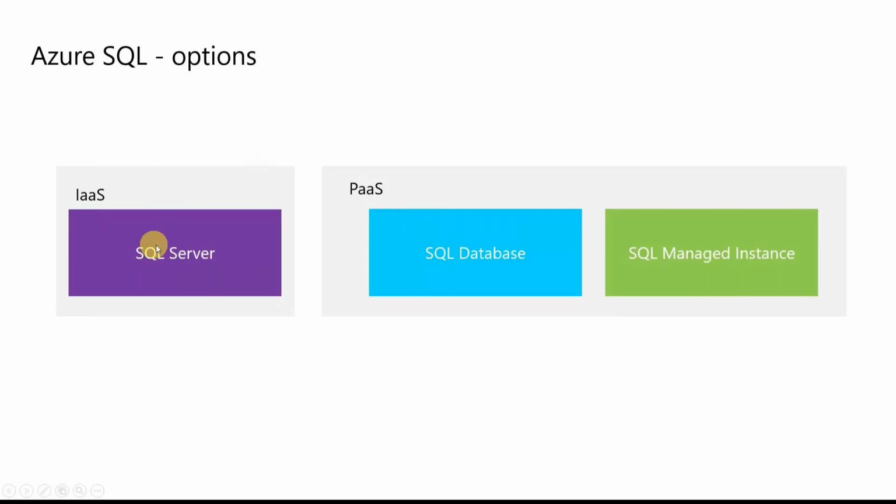Even Microsoft thought people who want to migrate, they will come here. But people did not do that. Instead, people liked PaaS very much, and they started using this database. Unfortunately, this SQL database service doesn't have all the features that you have in on-prem or IaaS. This is equivalent to on-prem.